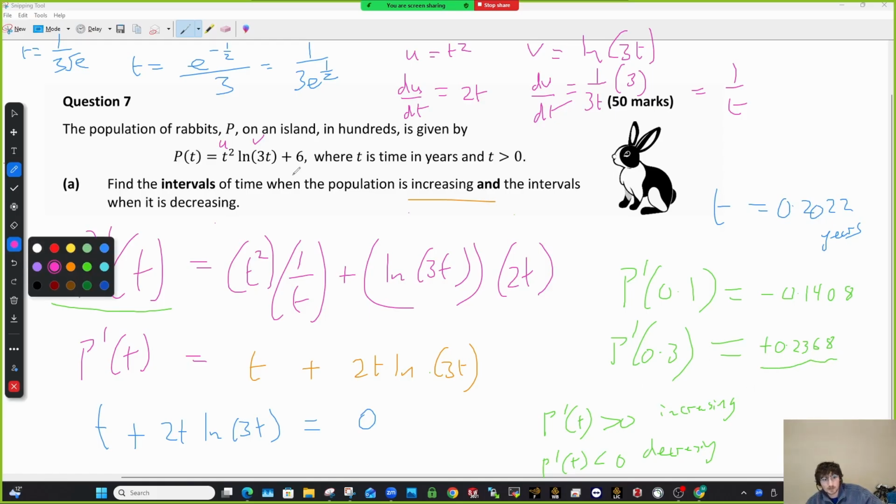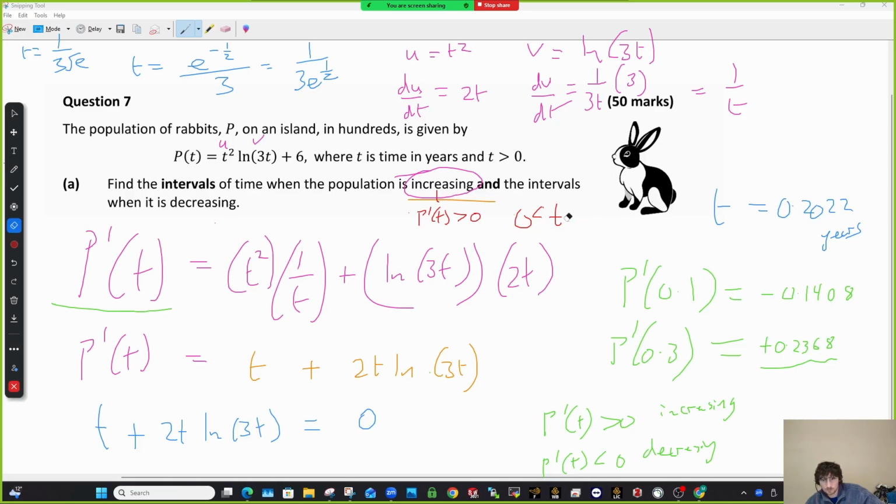So my answer to this question is the interval for when you're increasing. I'll use red. When we're increasing, when p dash t is greater than 0, that happens when t is greater than 0 but less than the turning point. No, I've got that wrong. That's when it's decreasing.